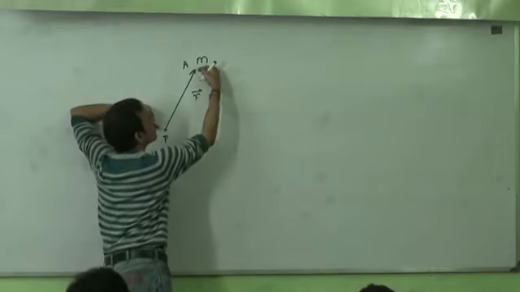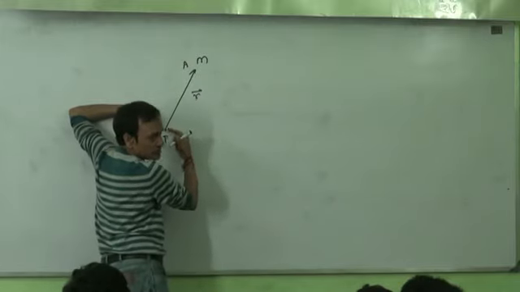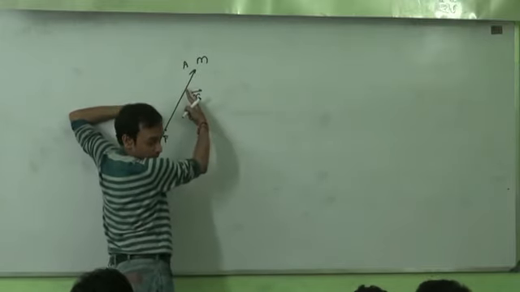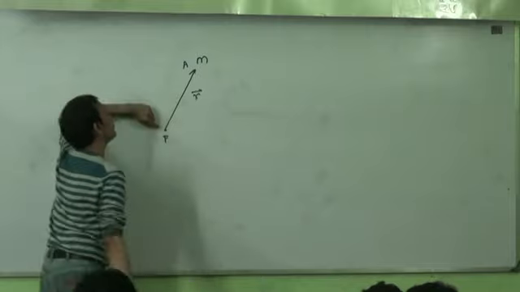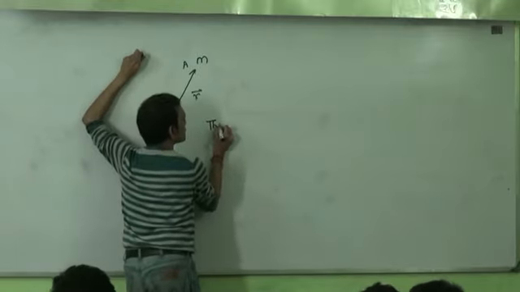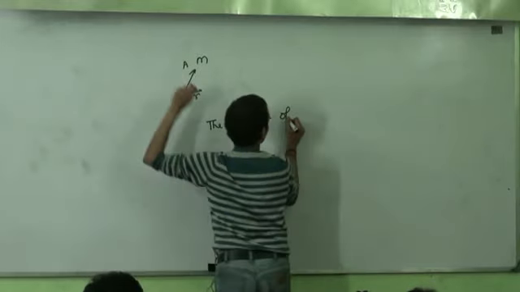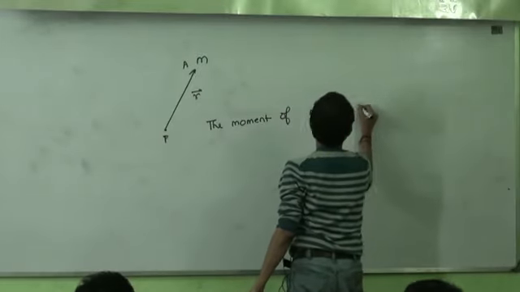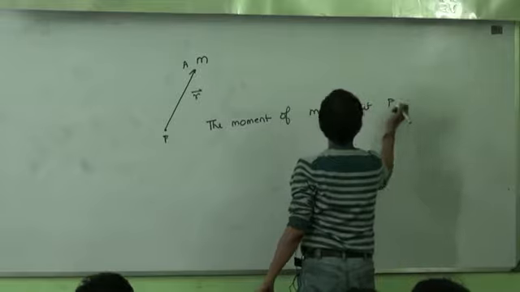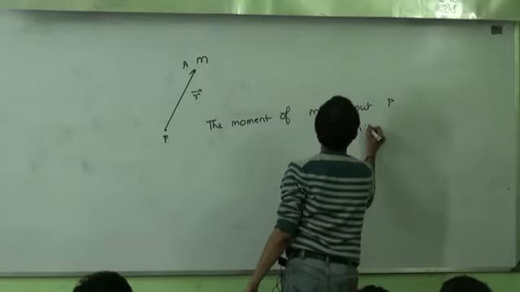That's going to be the vector AP. Right? Then the moment of the mass about P is m into r.